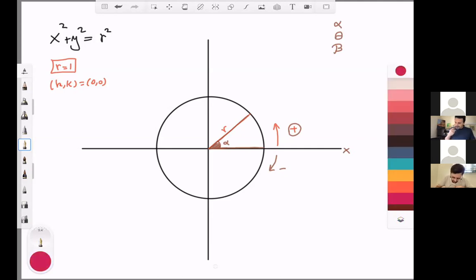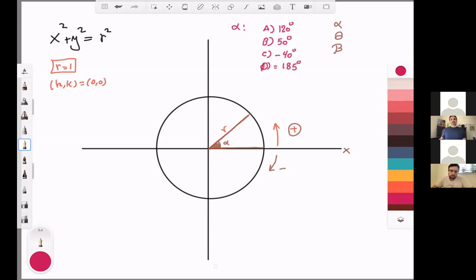Can you guys tell me alpha is A, 120 degrees, B, 50 degrees, C, negative 40 degrees, D, 185 degrees.